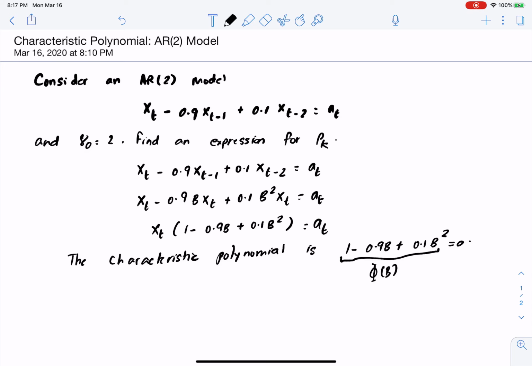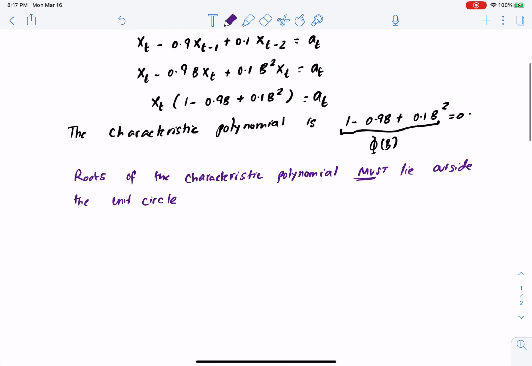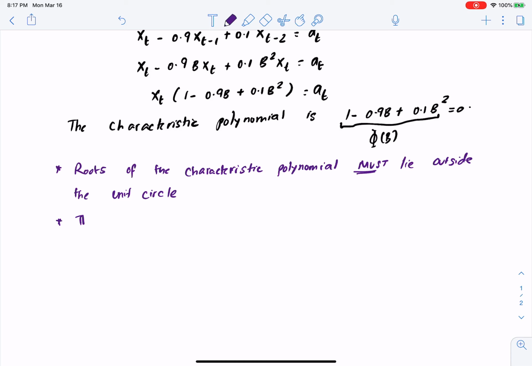And things to note here: the roots of the characteristic polynomial must lie outside the unit circle, and the coefficients are inverses of the roots.